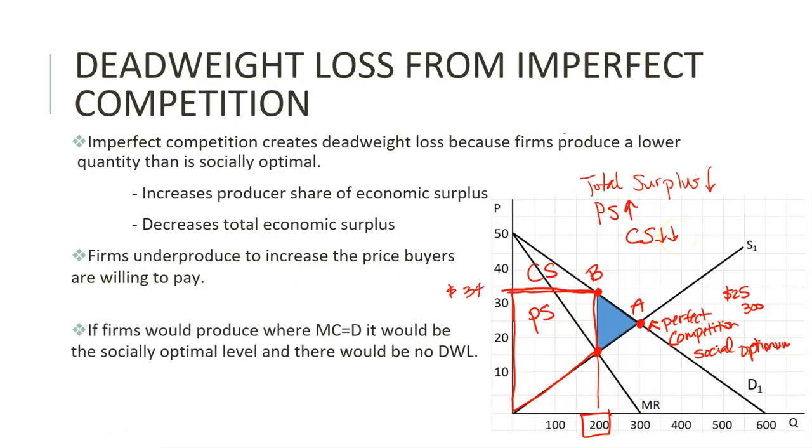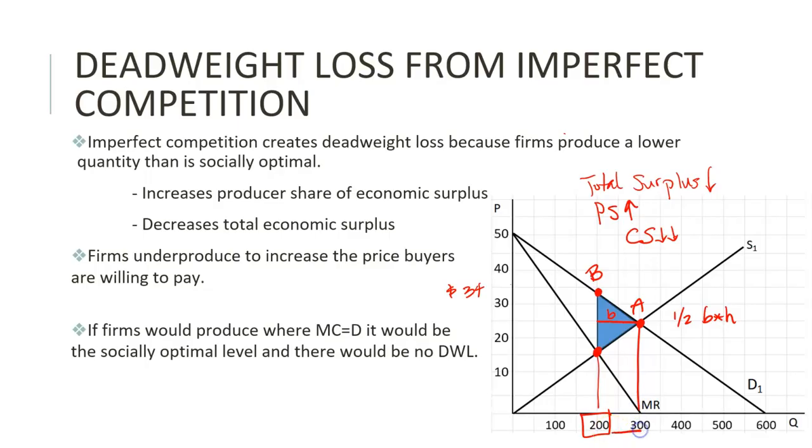How do we calculate deadweight loss? So we can calculate that the same way as we did our consumer and producer surplus in previous chapters. So we're just going to do 1/2 base times height. And in that case, the base is this horizontal distance going from 200, so the monopoly quantity, compared to the competitive quantity.